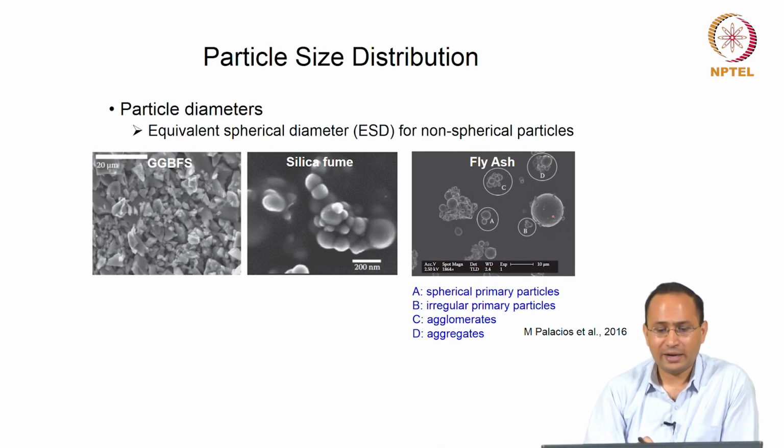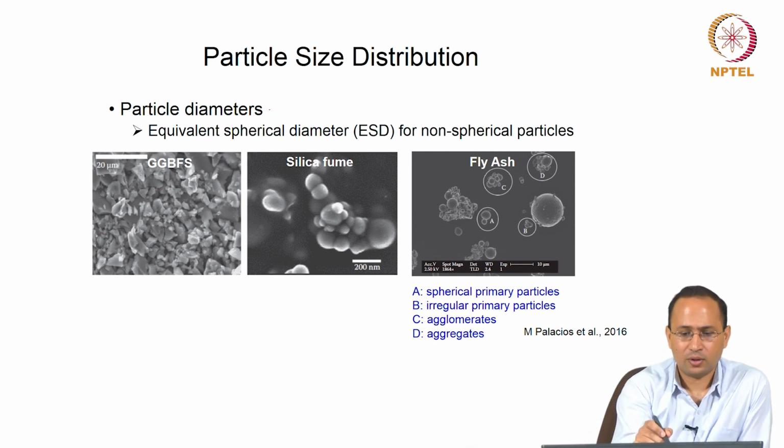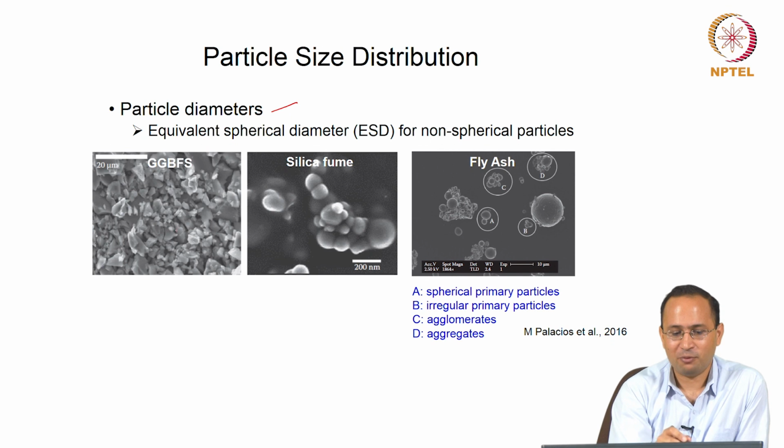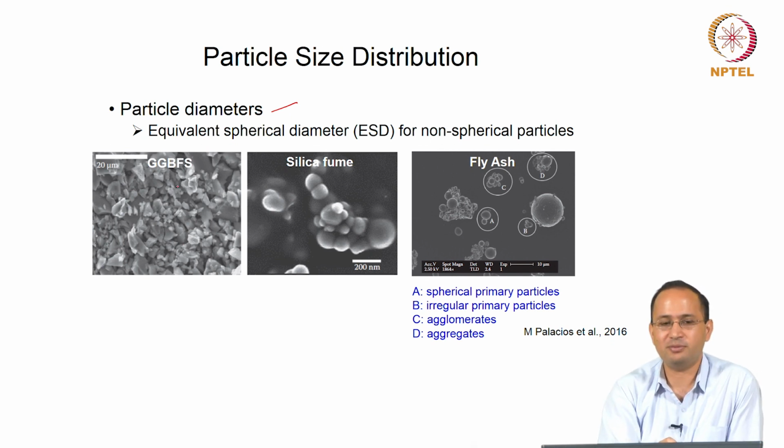So, if you look at the images for particle size distribution, we were talking about the sizes, which can vary. You will have differences in size and shapes, right. We can have very irregular particles, as you see in the case of GGBFS, the slag, ground granulated blast furnace slag. It does not look spherical, it has a very irregular shape.